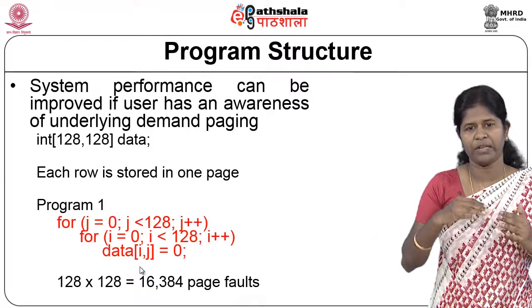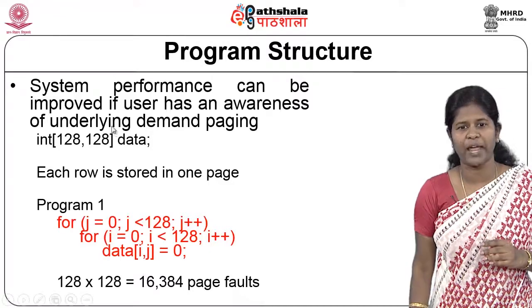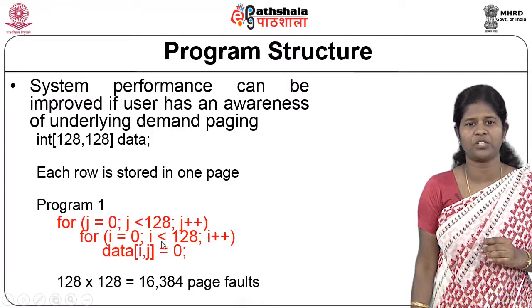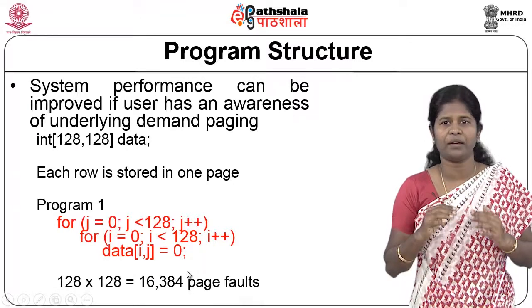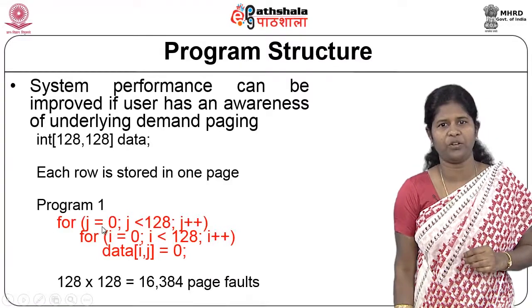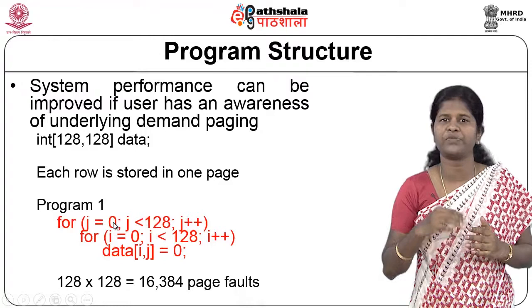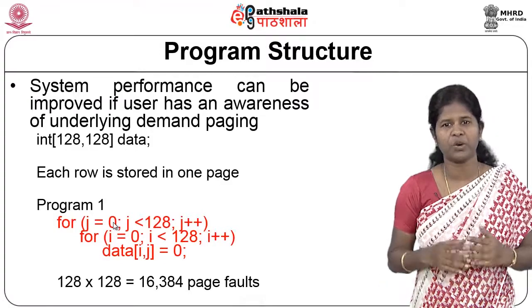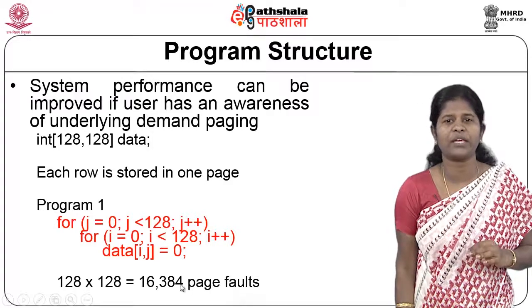So, for the first inner loop, for i equal to 0 to 127, it will try to locate all the 128 pages. And then again for the next value of j, when j equals 1, it will again have a memory reference for all the 128 pages. So, totally there will be 128 by 128, 16,384 page faults.